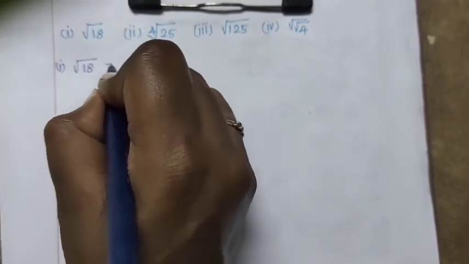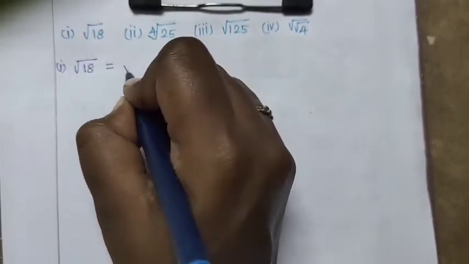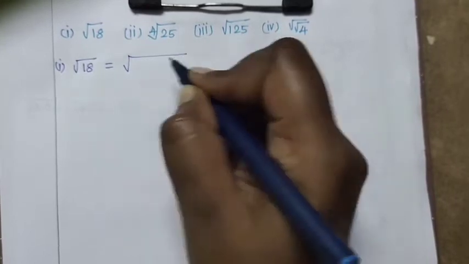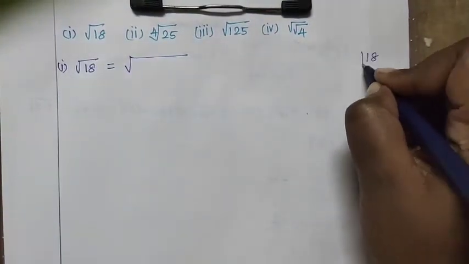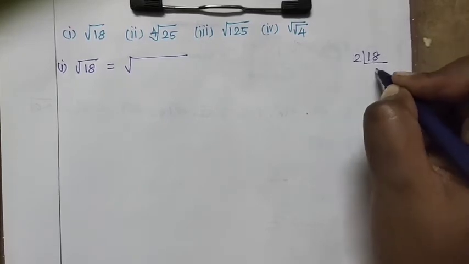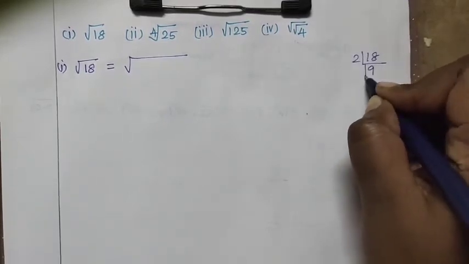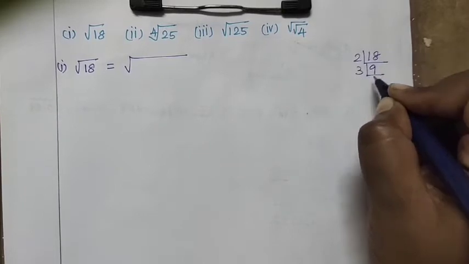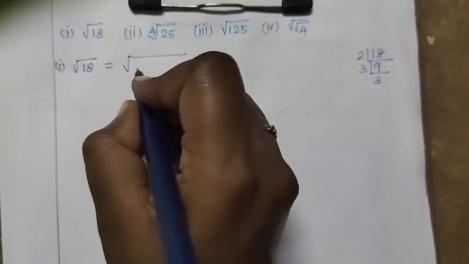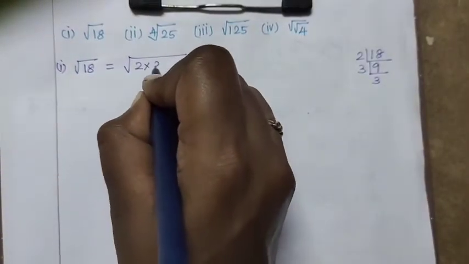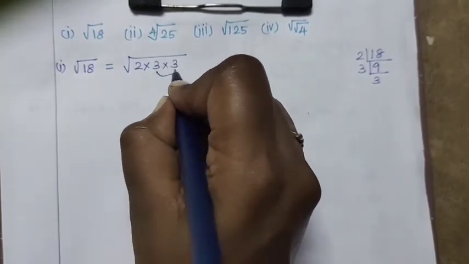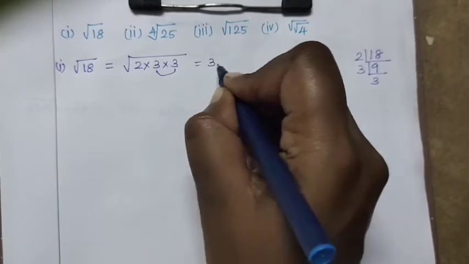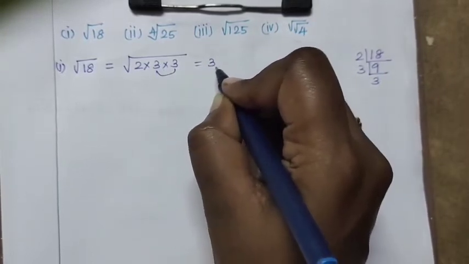Root 18 can be written as 9 2s are 18. 3 3s are 9. So 2 into 3 into 3. So 3, write it outside.